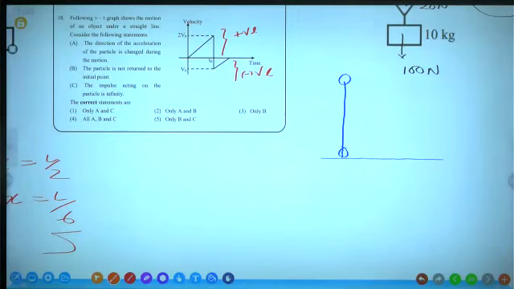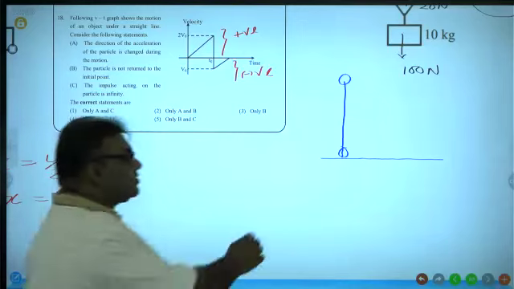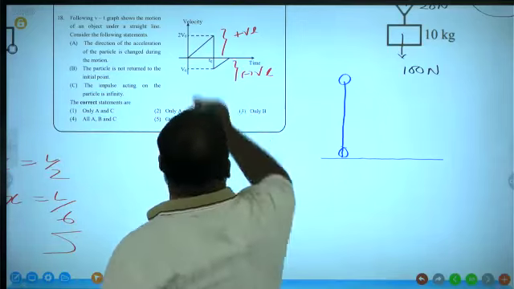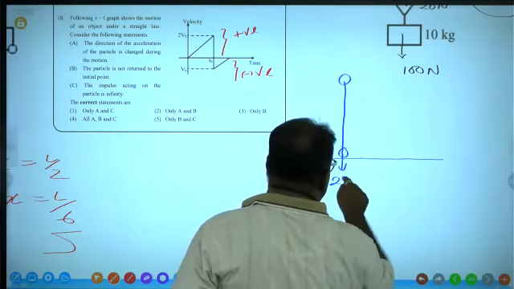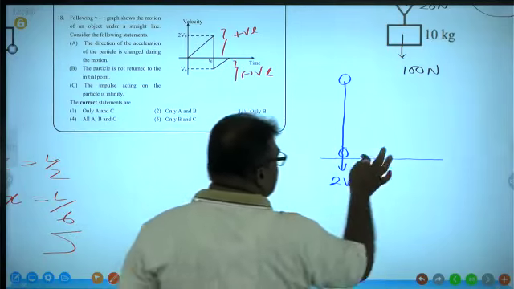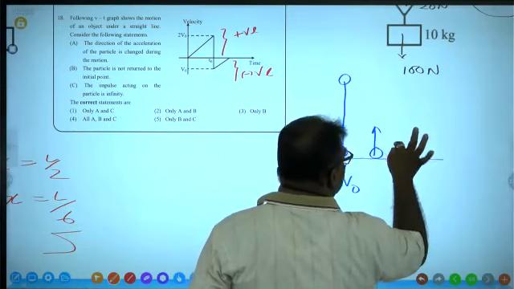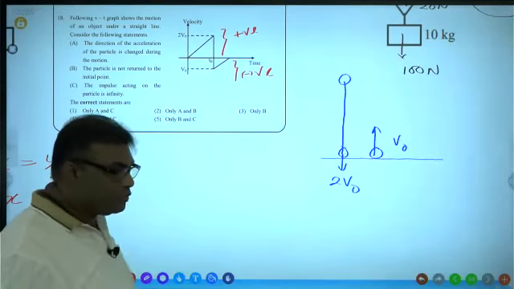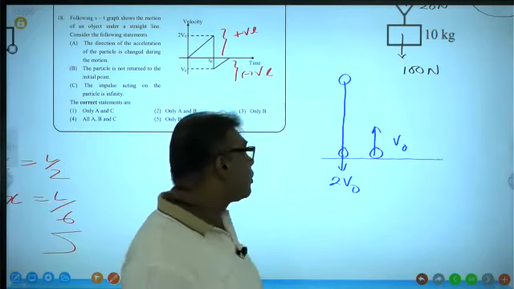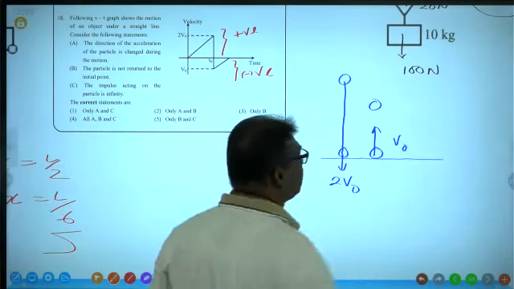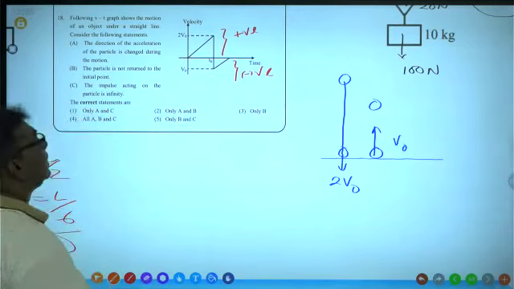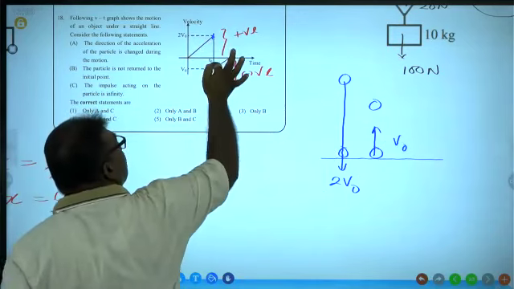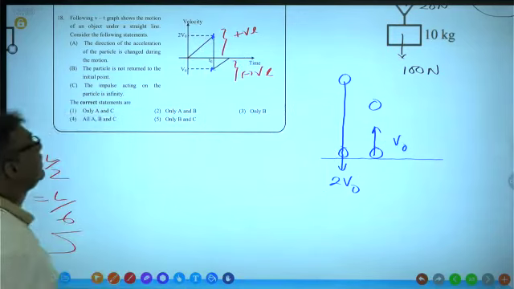When it reaches the bottom, it will obtain the velocity of 2v, right? And after it collides with the ground, it goes up with the velocity of v0, which means the velocity has dropped. Due to the kinetic energy loss, the velocity drops, so it won't travel to the same height. Definitely at this moment, after it reaches here, the direction has been changed.